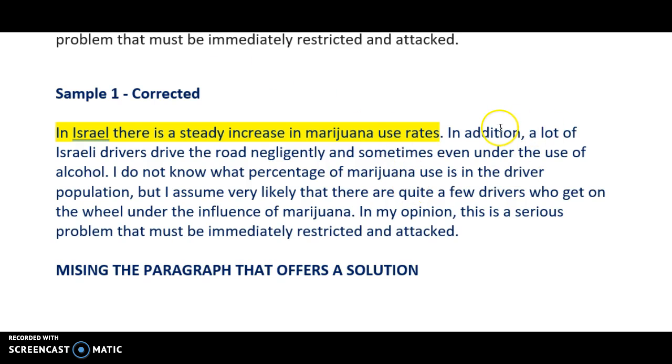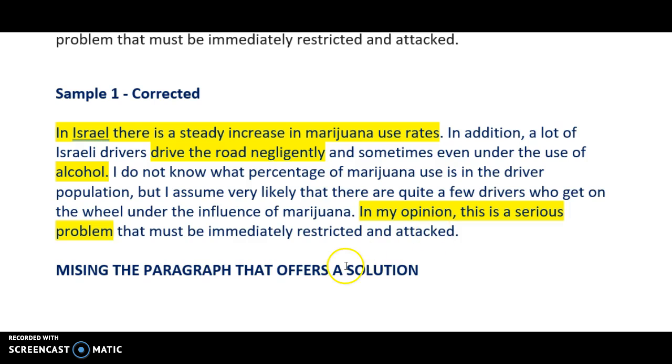And he brings up another problem. They drive on the road negligently, and they use alcohol. And basically we can see that there are some problems, a lot of the problems that the article relates to. And the final sentence, in my opinion, this is a serious problem. Okay. And then it must be immediately restricted and attacked.